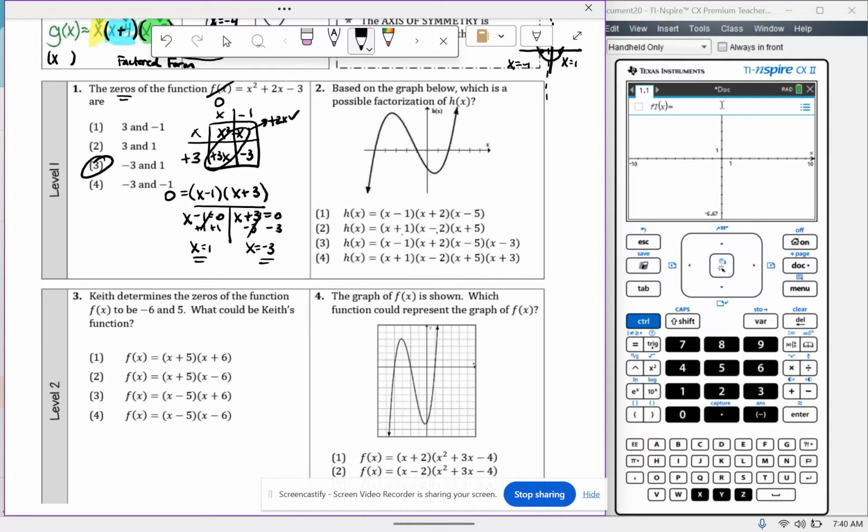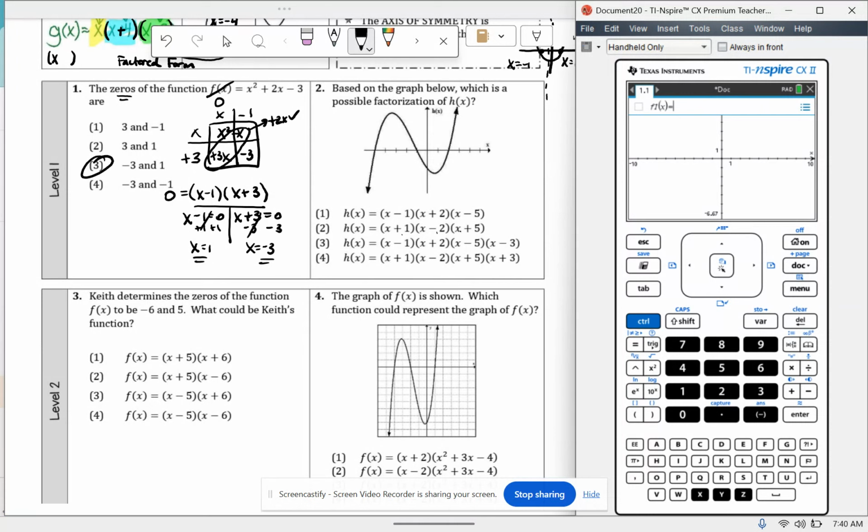The way you could do it on your calculator quick without having to factor is you would take the original x squared plus 2x minus 3, you graph it, and you find the zeros. Menu 6, 1. There we go. And again, we got x equals -3 and x equals 1. Perfect. Let's look at question 2.